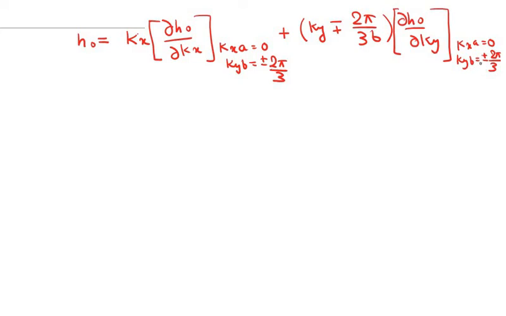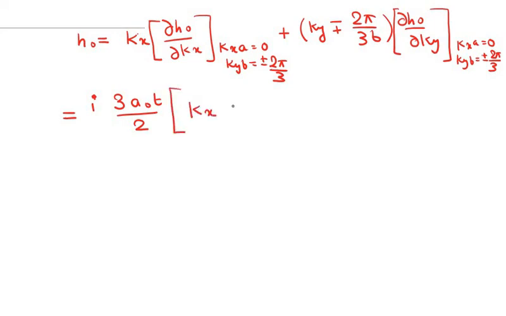Okay, so this is equal to i, where i is equal to square root of minus 1, 3 a0t divided by 2 kx.